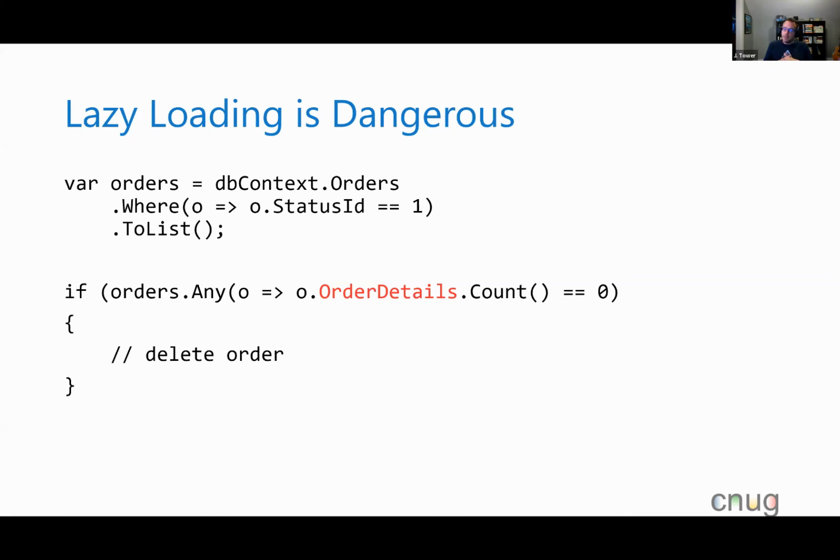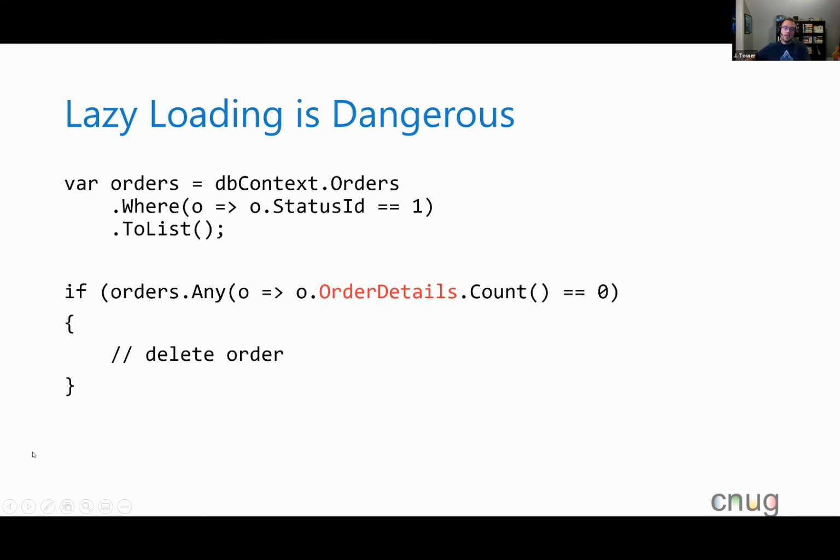Now, it does depend a little bit on how this works, depending on which version of Entity Framework you're on. And I will say that in Entity Framework Core, lazy loading has been turned off by default. So in EF6 and before, any navigation property like this by default is going to have lazy loading turned on, which means it's going to issue those queries without even really looking at it.